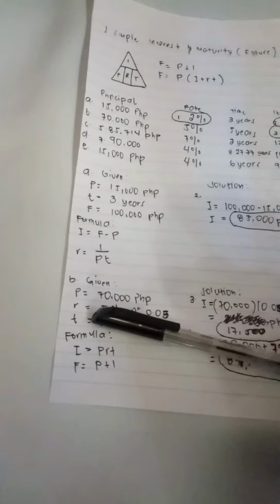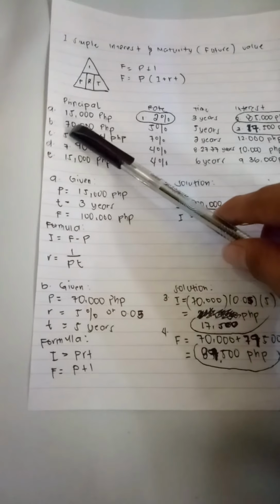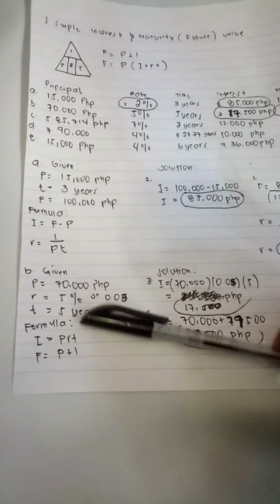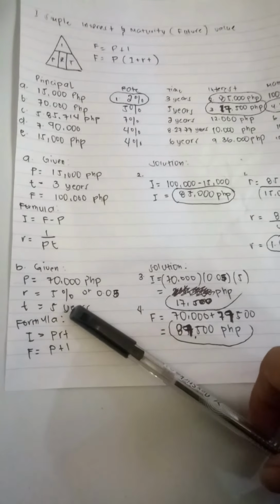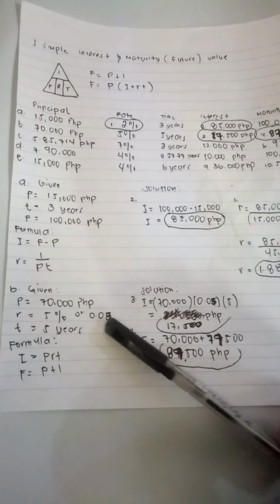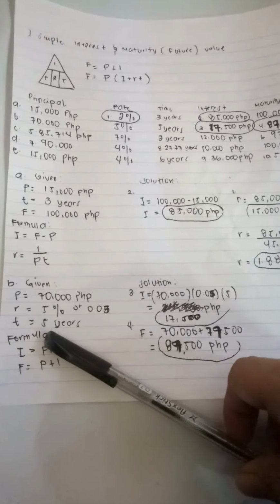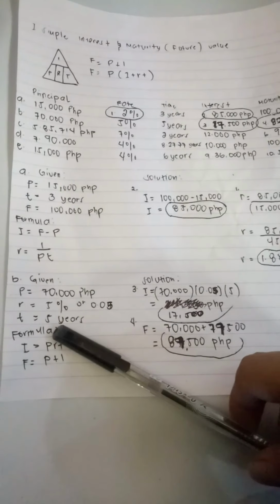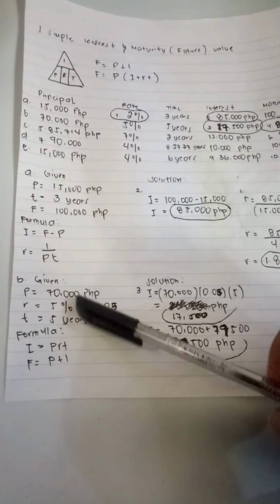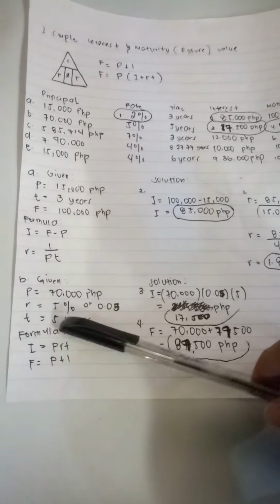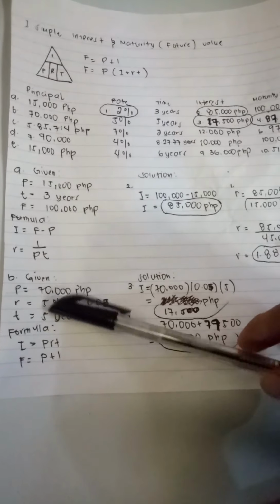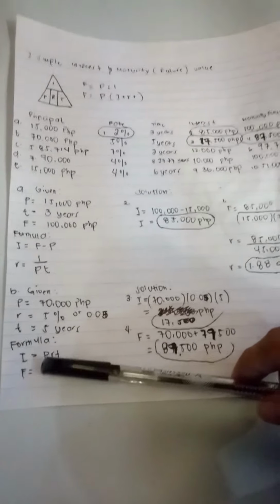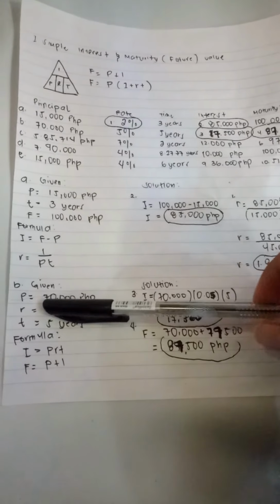For the B naman po, our given is meron po tayong principal 70,000. For the rate naman po is 5% or 0.05. The time po is 5 years. Sa B naman po, nawawala po si interest and maturity future value.